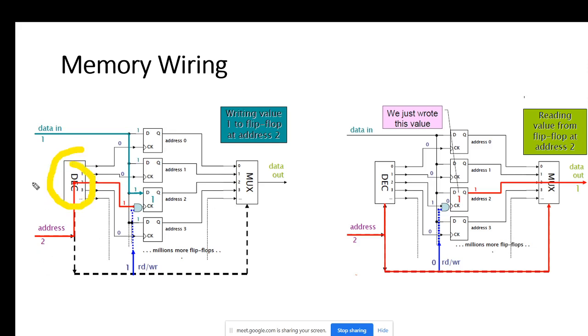As I told you, with 20 lines, I can enable one of the 2 to the power 20, that is over 1 million memory locations. Therefore, the computer is going to use decoders. Using a few lines with combinations of different 0, 1 values, we can say exactly, yes, I want to read this one, I want to write to this particular memory location, etc.